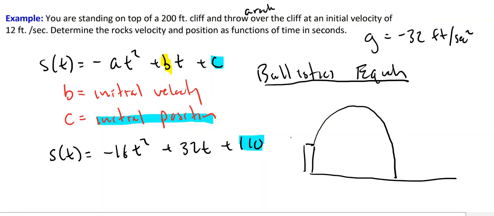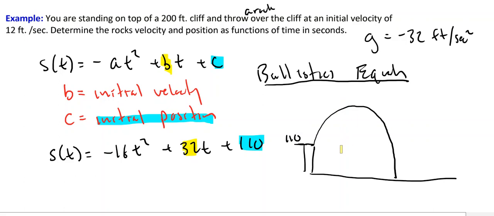So the initial position is 110 feet above the ground. The 32 is the initial velocity. That tells you how fast someone threw this rock, 32 feet per second.